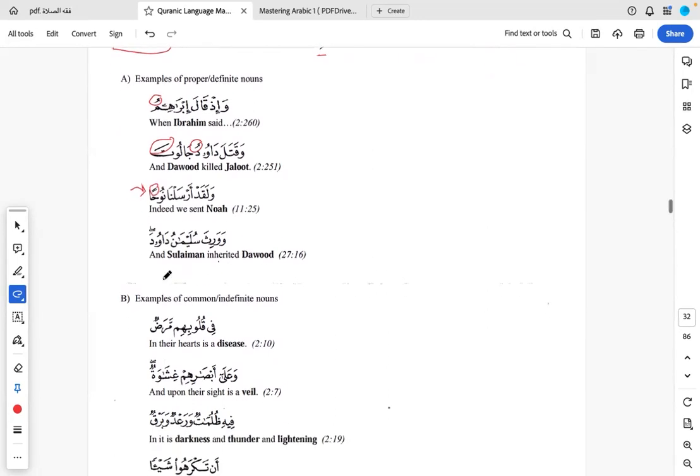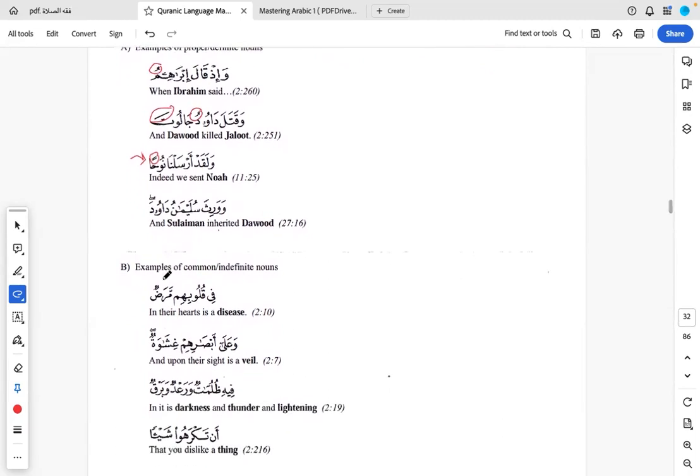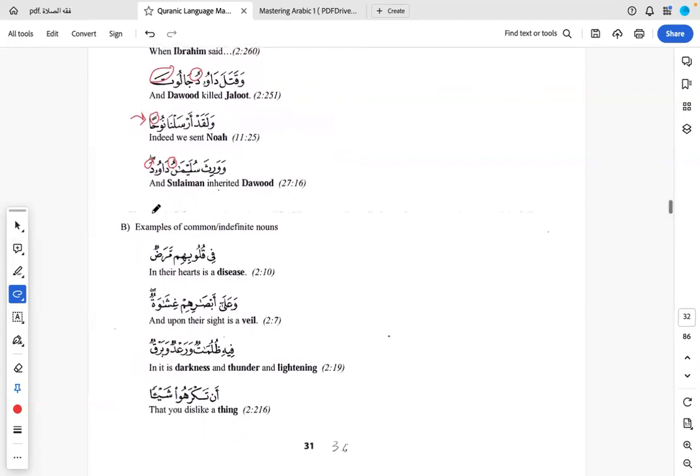And we're going to know more about them later on, inshallah. وَوَرِثَ سُلَيْمَانُ دَاوُودَ. Again, a verb followed by these words. We know that the one with the dhamma is the doer, the one with the fatha is the object, and both of them are nouns, proper nouns, and this is why we don't have tanween.